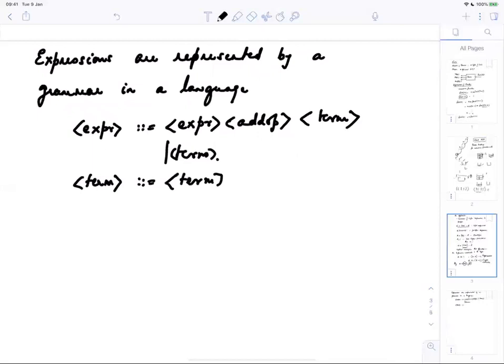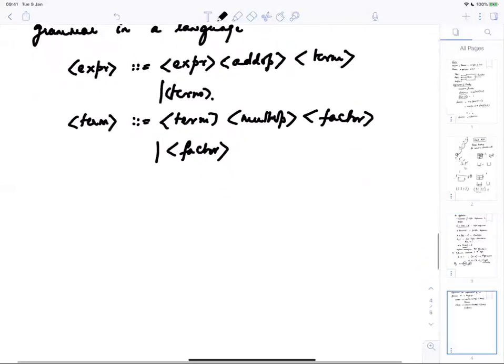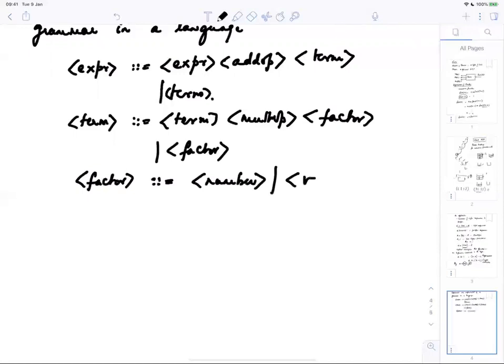Term is term, mult operator, factor, or it can be a factor by itself, and a factor can be a number or, for the time being, let's assume, a variable name, and we know the definition of a variable name.